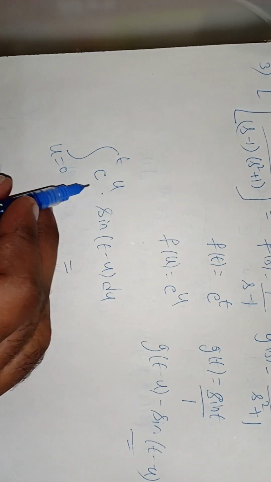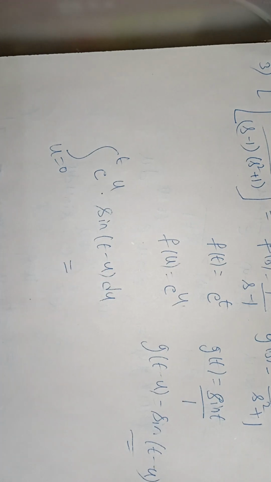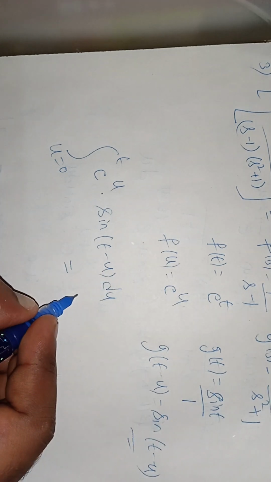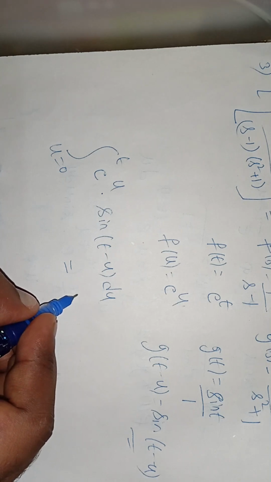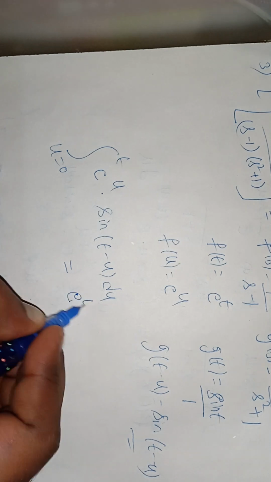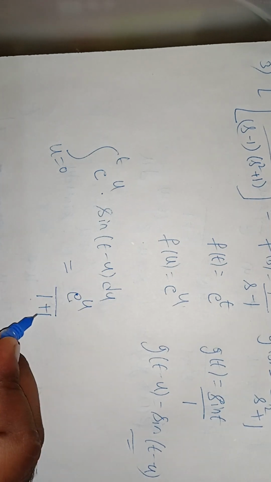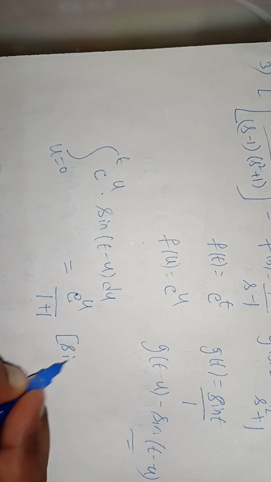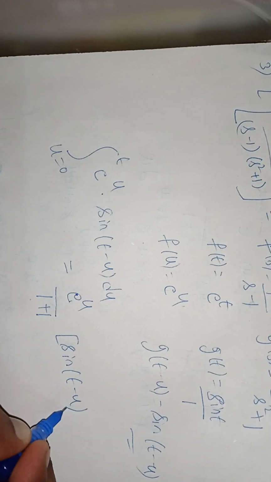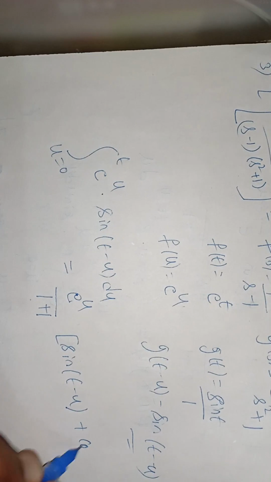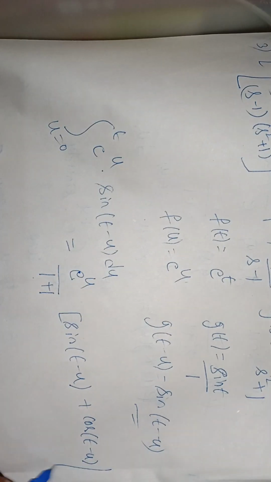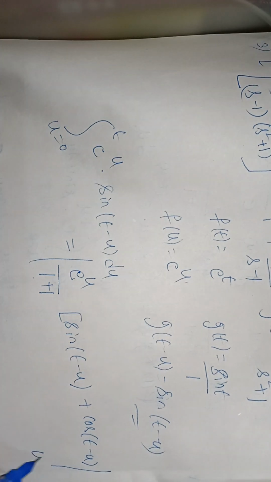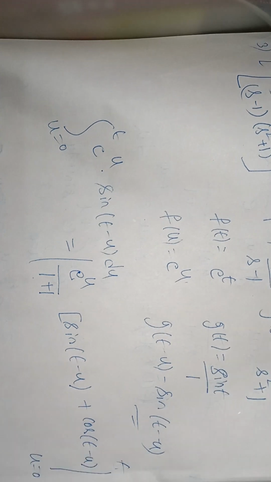Again you will use the formula for e power ax into sine bx. And remember, t is constant, u is the variable. So you will end up with e power u by 1 plus 1 into sine of t minus u plus cos of t minus u, and the whole integral takes the limit u varies from 0 to t.